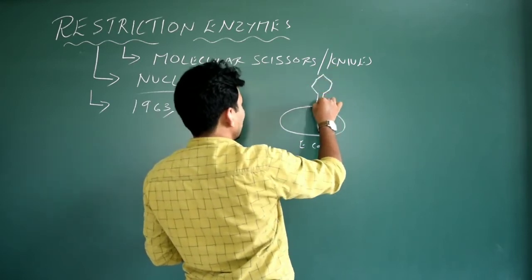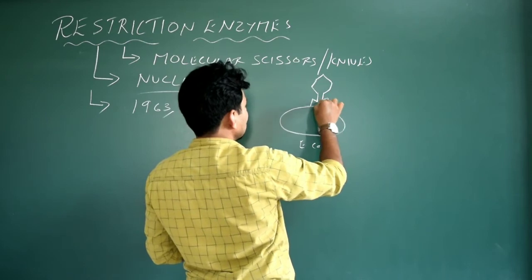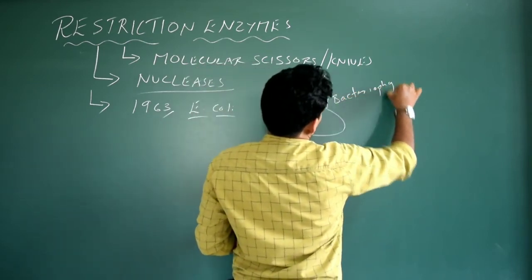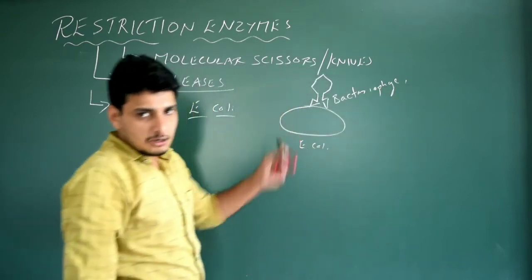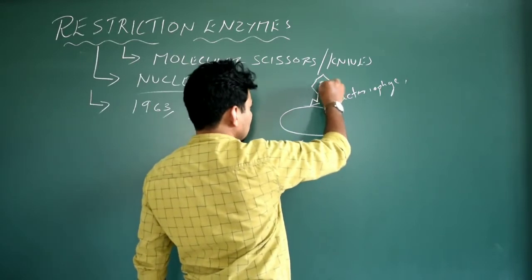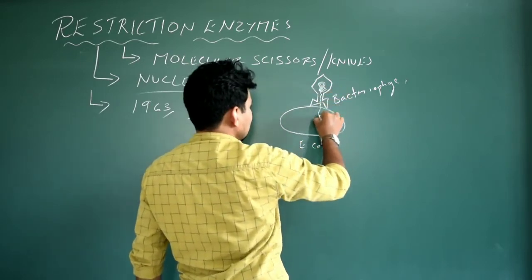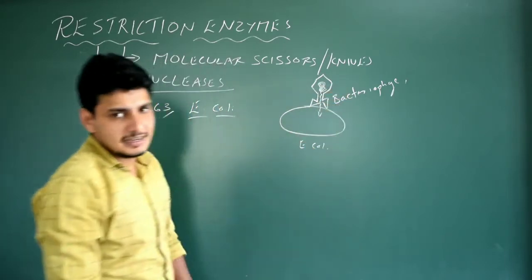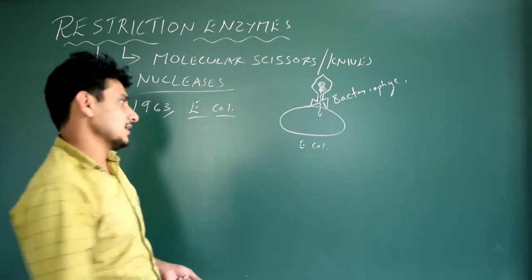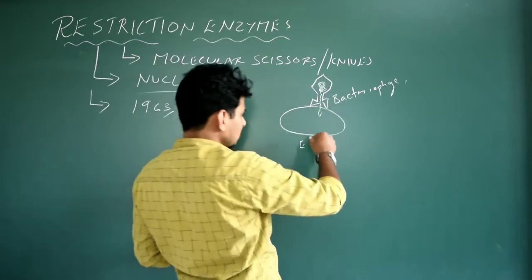Hope you know the meaning of bacteriophages, that they are nothing but viruses. Phage bacteria, they attack the bacteria and kill the bacteria. They insert their genetic material and use E. coli or any host organism as their factory, so that they can synthesize more proteins.